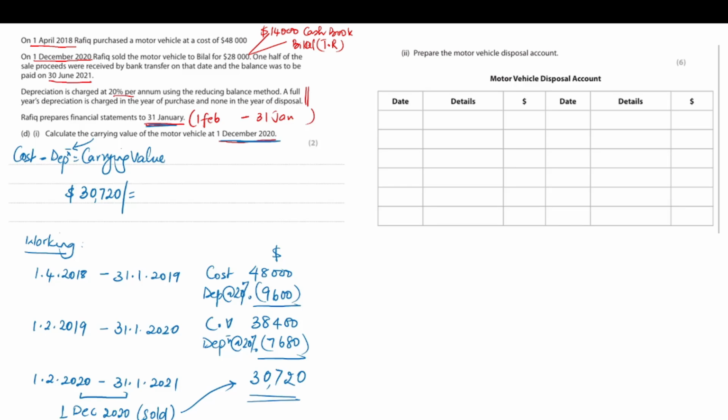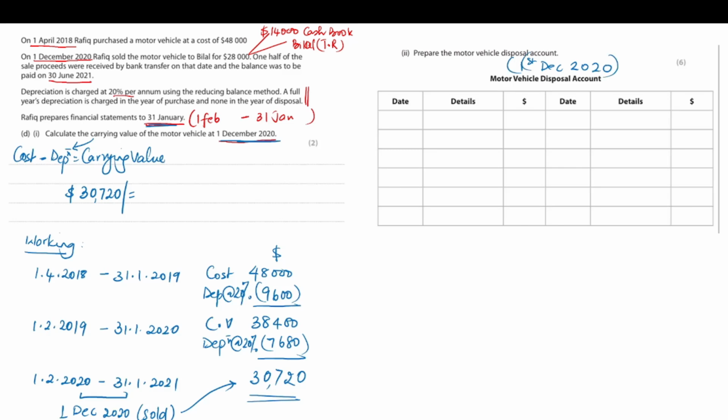Now coming to the next part, we have to prepare a disposal account. The disposal account is always prepared on the date of sale, and the date of sale was 1st of December 2020. This is the date of sale.